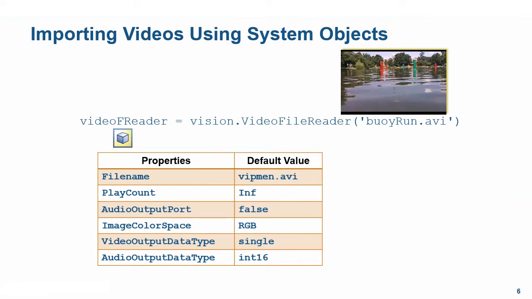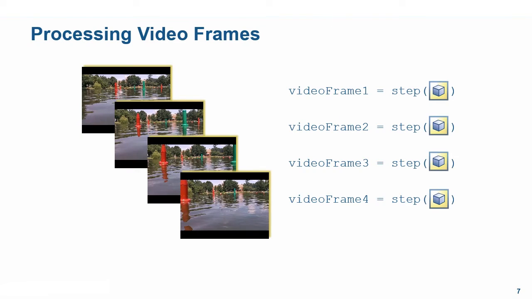We started with the video file reader system object. We saw how to query for properties and methods of a given system object. We also discussed two different methods to instantiate object properties: through the dot operator syntax, or during object creation using name-value pair syntax. Note that only the name-value pair syntax is supported for deployment and code generation. Then we used step on the system object to acquire the next frame of the video file.